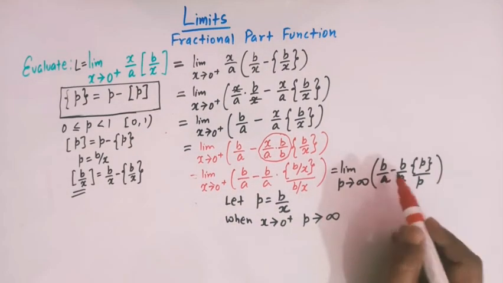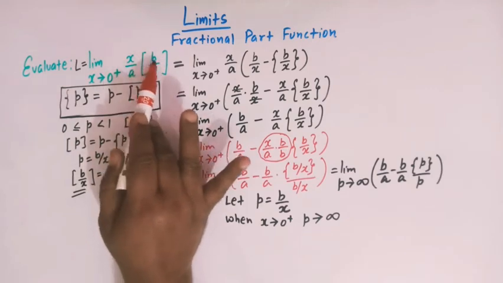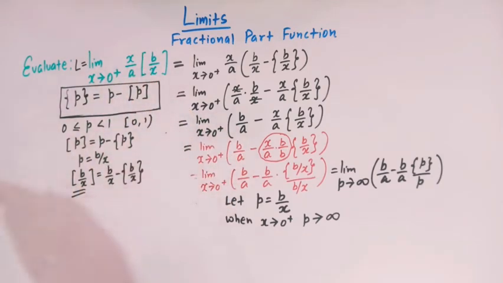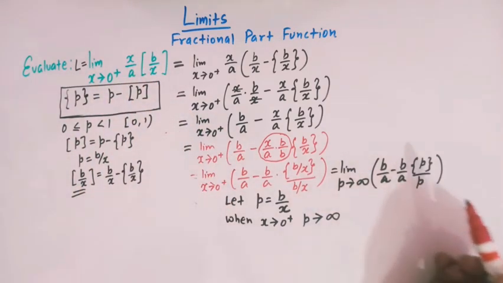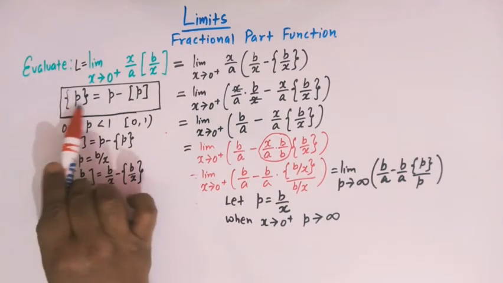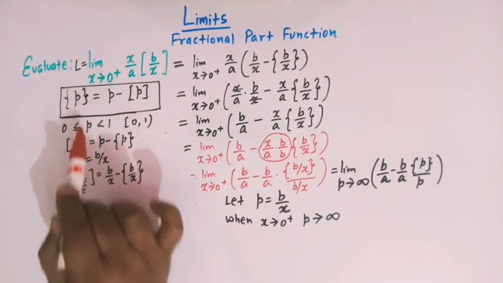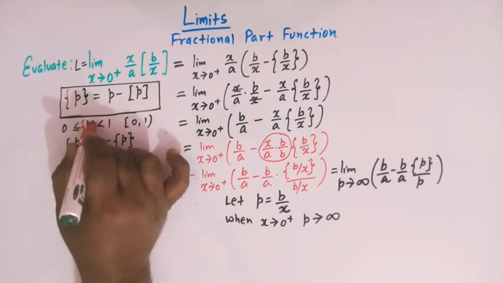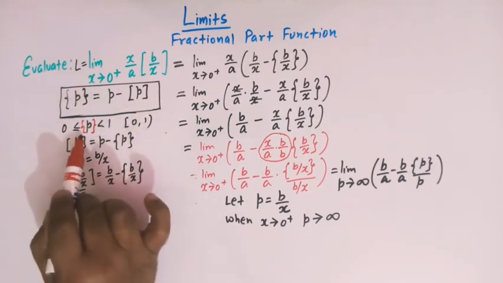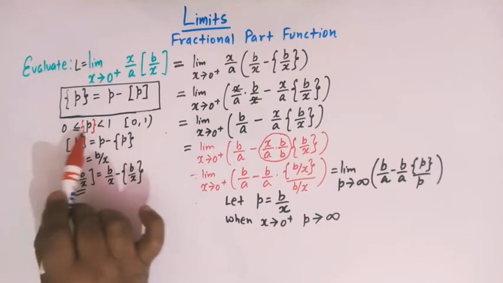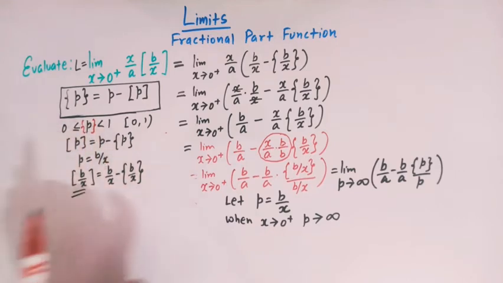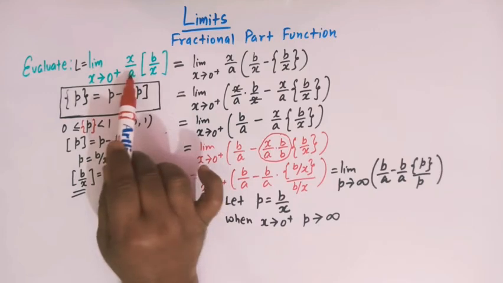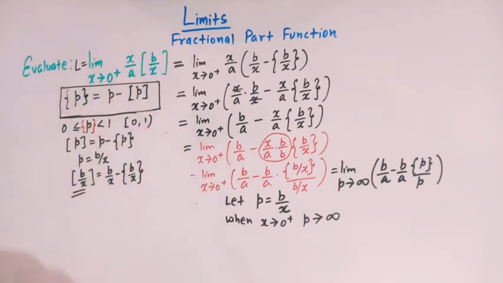So viewers, here the numbers a and b are positive integers, and the range of this fractional part function is from 0 to 1. So sorry, here we'll have the fractional part of p, so the range is from 0 to 1, and here the numbers a and b are positive integers, right?